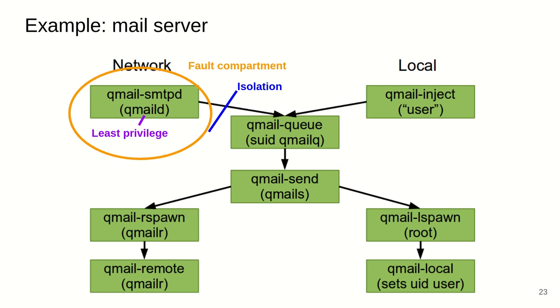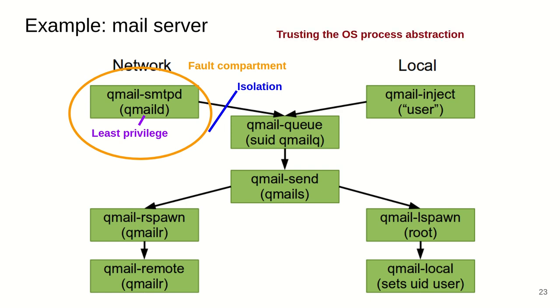And the process runs in actual fault compartments. If there's a bug in qmail-smtpd, it will fault and the attacker will only have access to the network but not to the local file system. Right? So there's a limited set of privileges an attacker can gain.